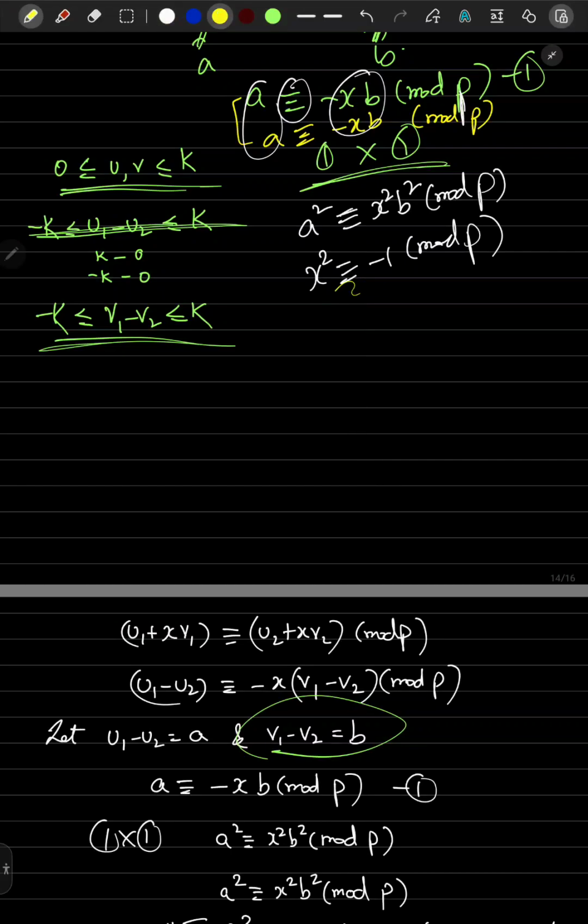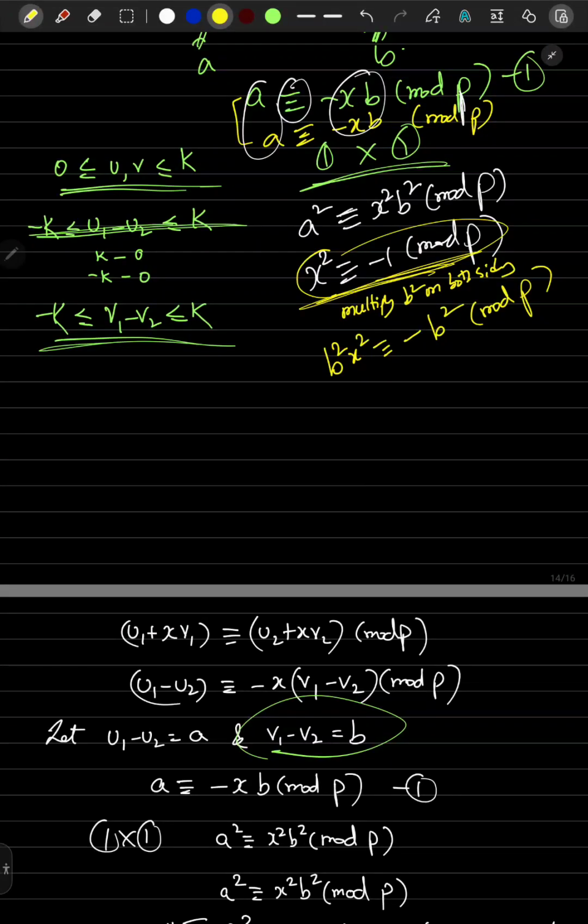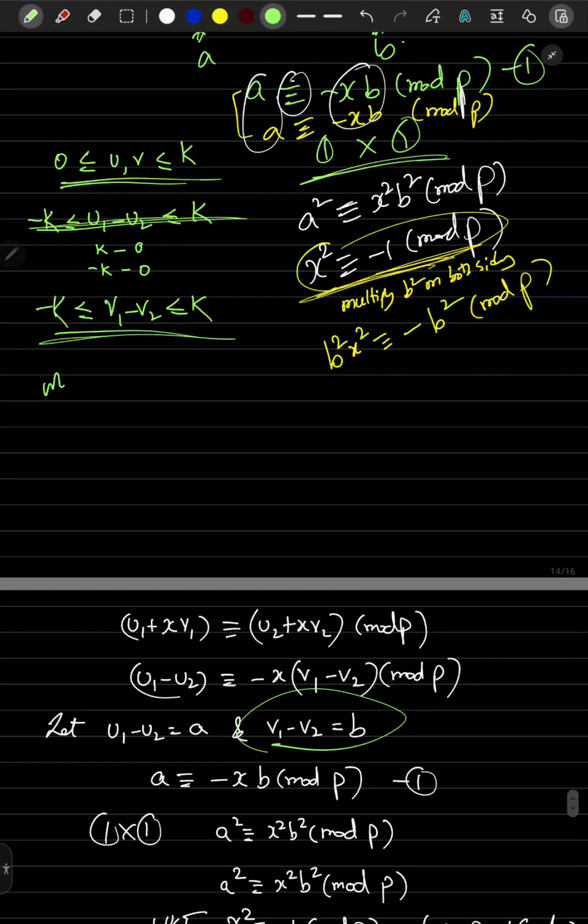Now take this one and multiply b square on both sides. What will happen? a square is congruent to minus b square mod p. Now we know one property.